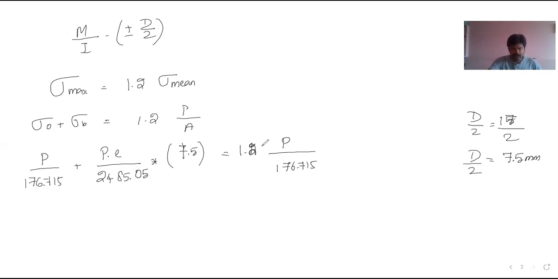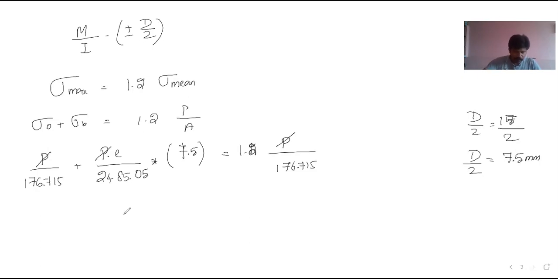In all the terms, both left side and right side, the P value is common, so it is going to get cancelled. Now with whatever remains, we have to calculate the value of eccentricity. So 1 divided by 176.715.